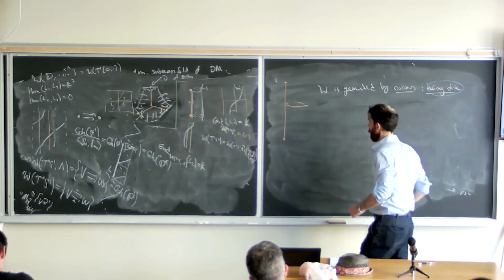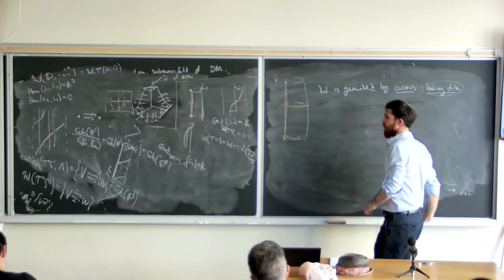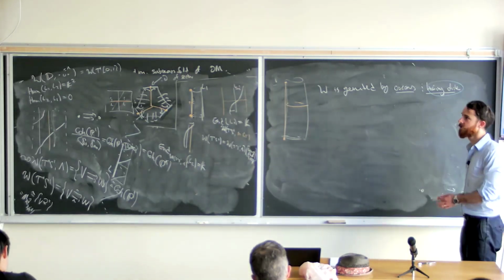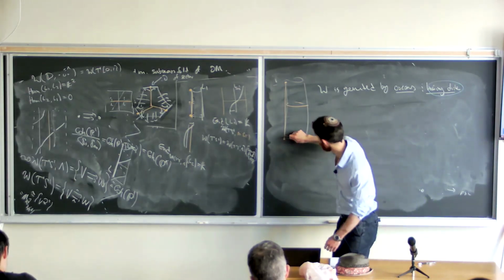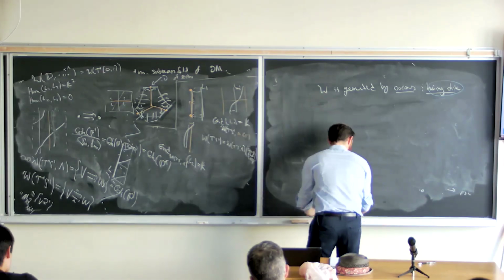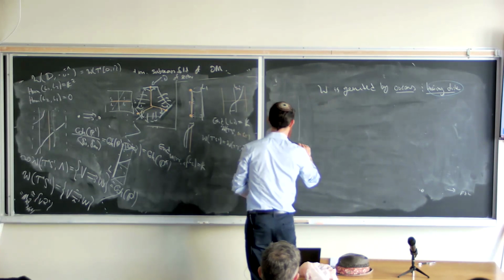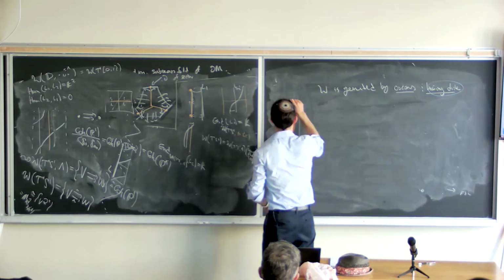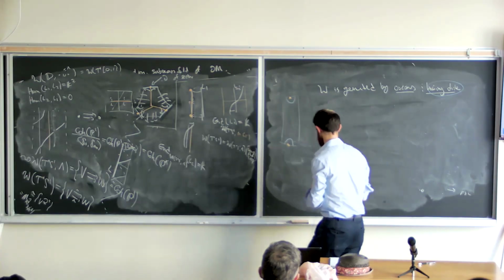This is all taking place inside of a 2n-dimensional manifold. The Legendrian is n-1 dimensional, so an n-dimensional thing is the right dimension to link it. I just take a little disk here that's linking my Legendrian.